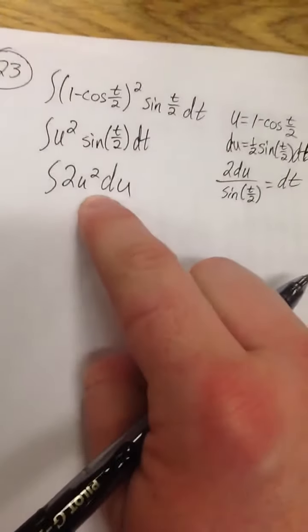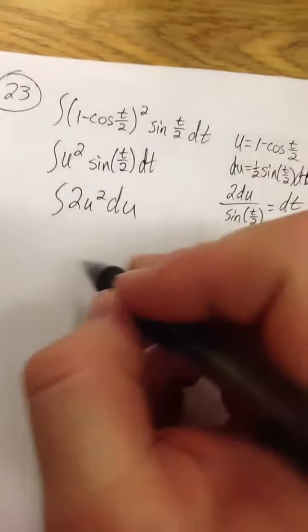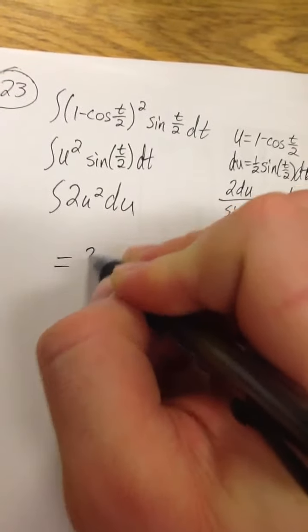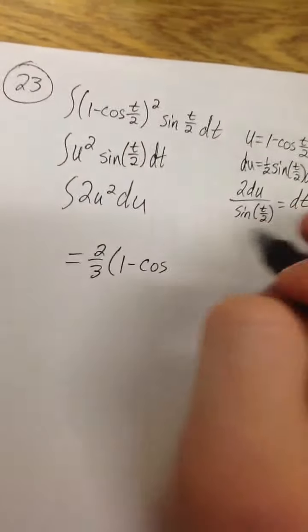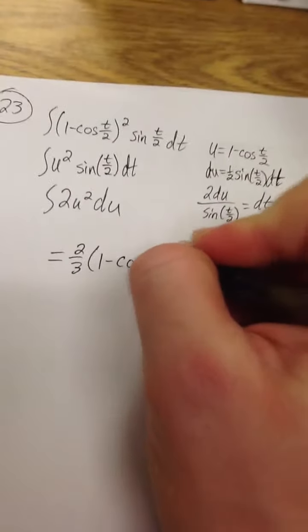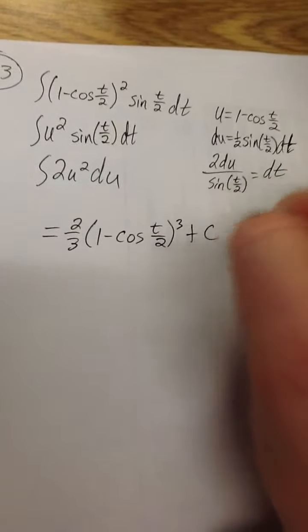So really, it's just 2u squared du. I'll just leave it at that. You could take it from there. And the final answer, you should get 2/3 times 1 minus cosine of t over 2 to the third plus c.